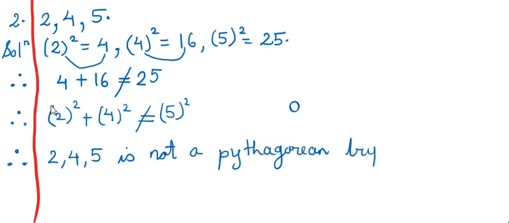Because why? The sum of the squares of the other two numbers is not equal to the square of the biggest number. Did you understand? So this is how we are going to solve our second sum. I hope you have understood it. Yes or no? So you can write this sum in your CW.